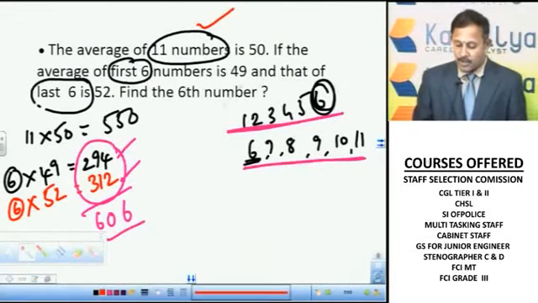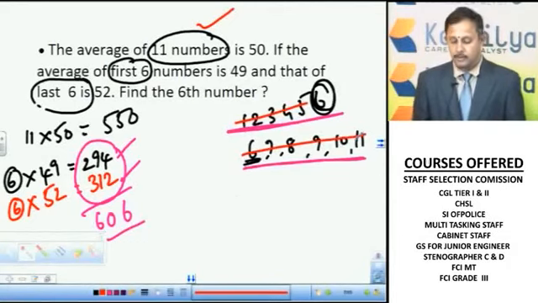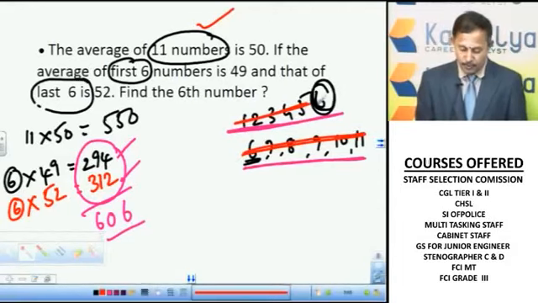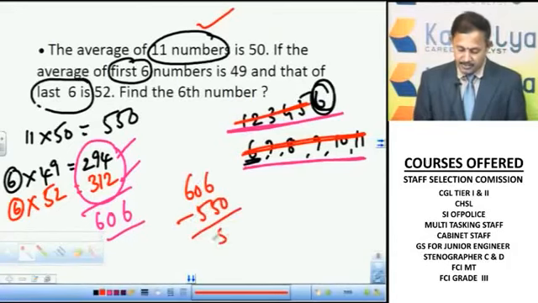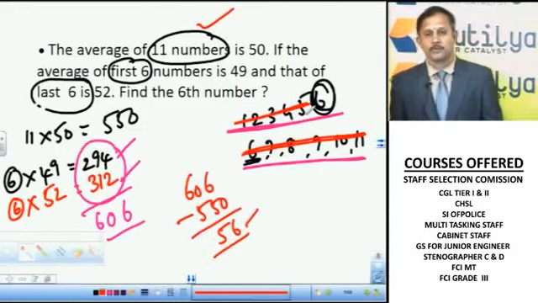And out of 12 elements, if you eliminate these elements who are struck off, that gives the 6th element. So therefore 606, and you try to eliminate 550, then 56, that is the value of the 6th number, which is common to both the groups, right?